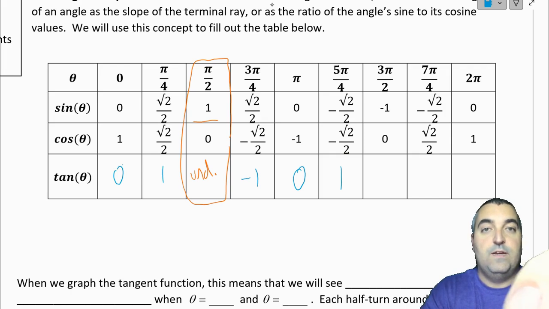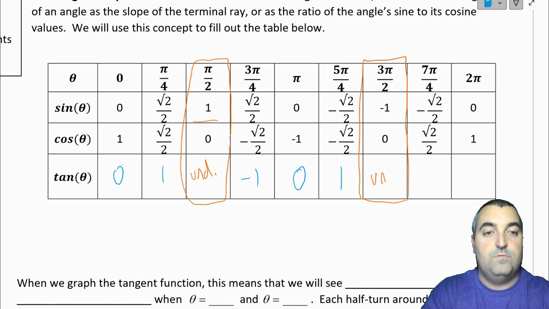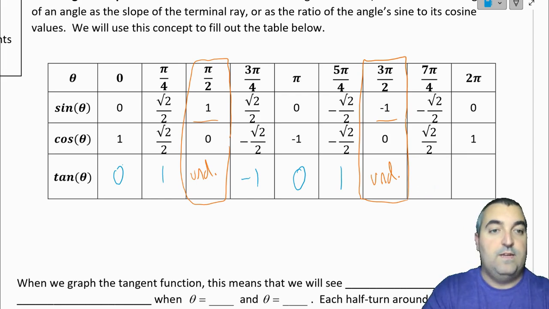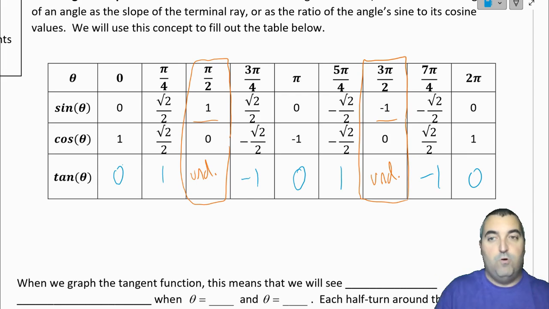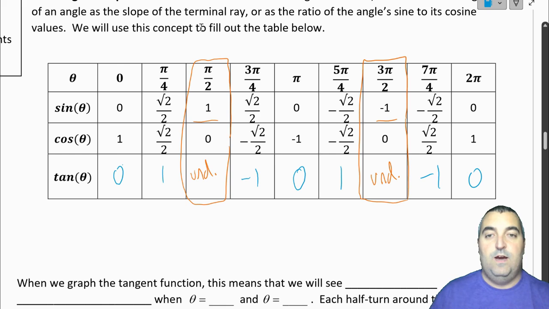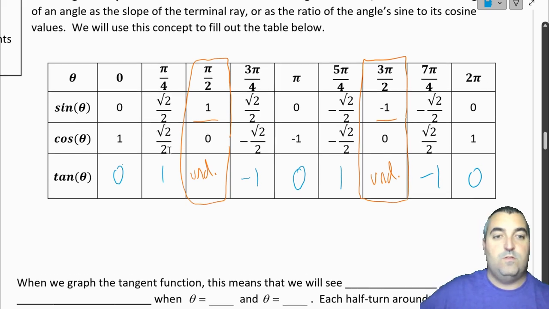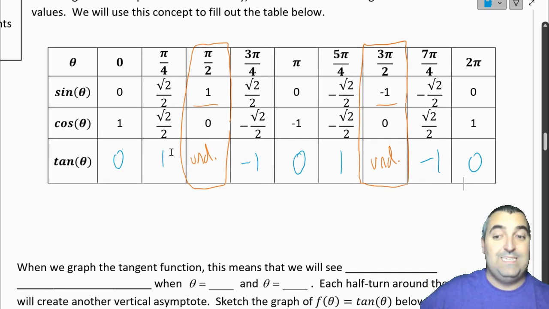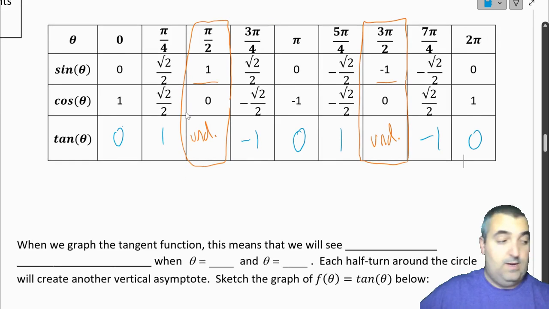And then here again, we get another undefined value at 3 pi over 2, because negative 1 divided by 0, not good. And then here again, we get another negative 1, and then 0 over 1. Now, obviously, there are more values in between those, but these ones are the really nice ones. So when you look through this, you should hopefully see some patterns.